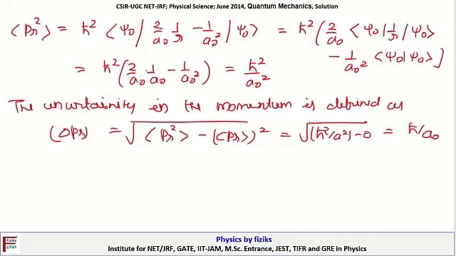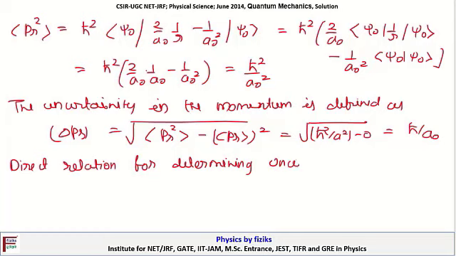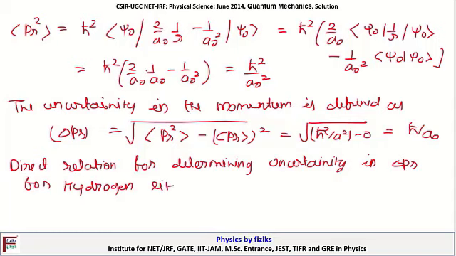We would be using a direct relation for determining the uncertainty in delta P_r for a hydrogen-like atom.